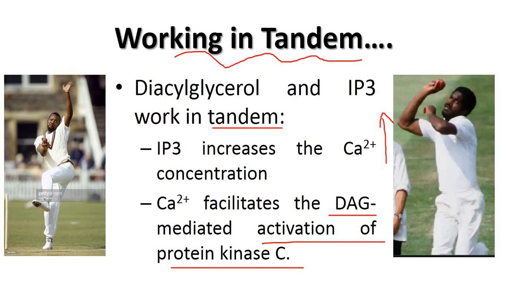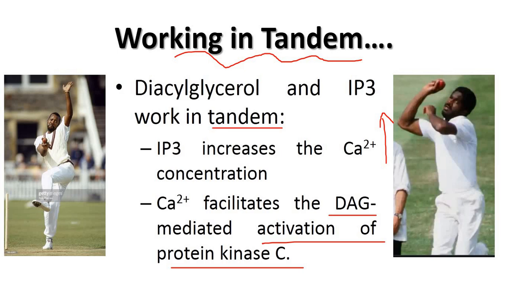So students, once again to summarize, you have PIP2. This PIP2 is cleaved into two molecules, IP3 and diacylglycerol. Diacylglycerol is membrane bound. Inositol triphosphate translocates to the cytosol and binds to the calcium channels present in the endoplasmic reticulum.